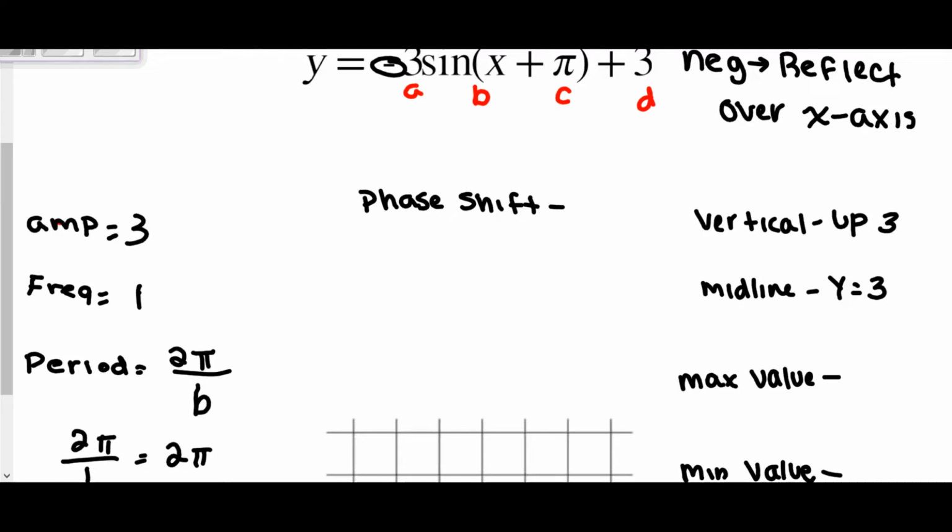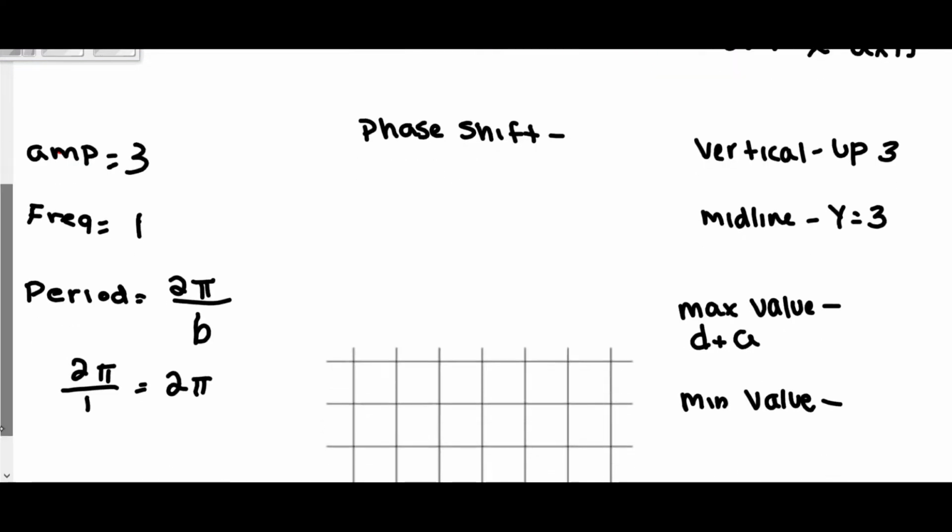So after we find the vertical shift and the midline, we can use that to find our max value and our minimum value. So our max value is our vertical shift, d, plus whatever our amplitude is. And our minimum value is our vertical shift, d, minus our amplitude. So our vertical shift is 3, plus our amplitude of 3.